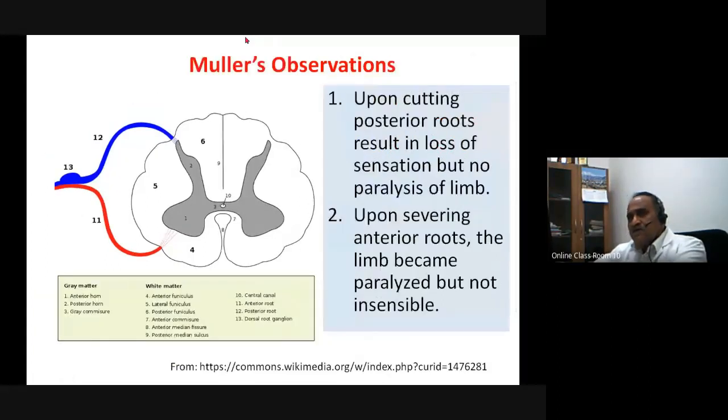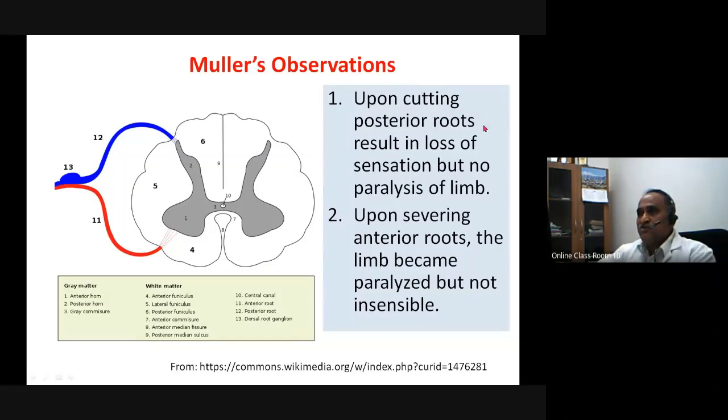Moving on. The observations of Bell and Magendie were summarized by Mueller. Mueller examined the Bell-Magendie law, that the posterior root carries the sensory information and the anterior root carries the motor information. He did experiments on the frog.